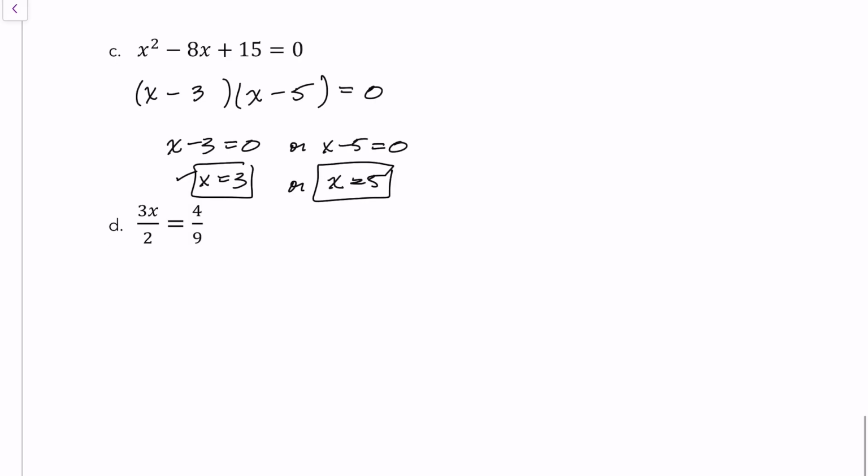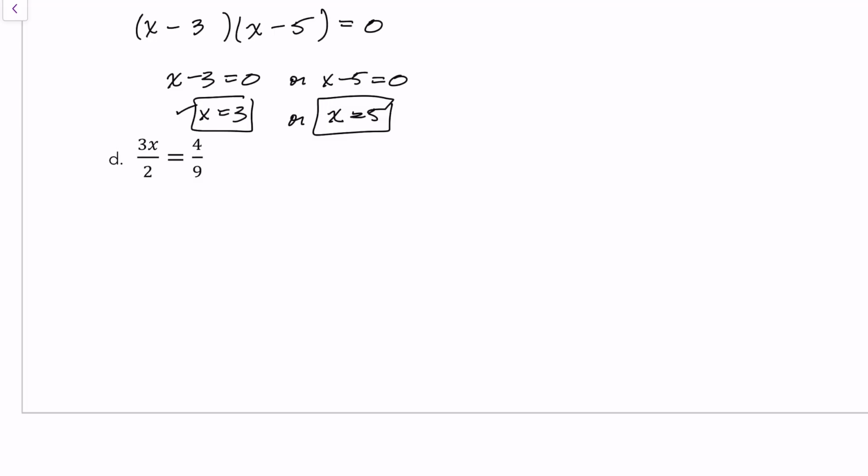For the last problem, part D, again, we have to solve for x. You can actually do this in one step. We want to leave the x on the left-hand side, let's say, and we want to get rid of this 3/2. One way we can do that is by multiplying by the inverse of that on both sides.